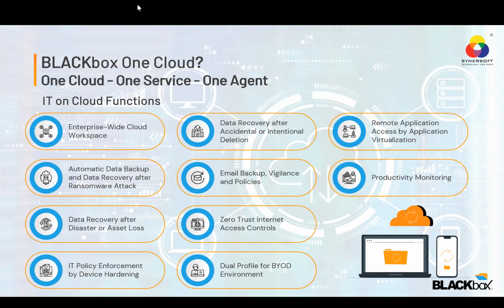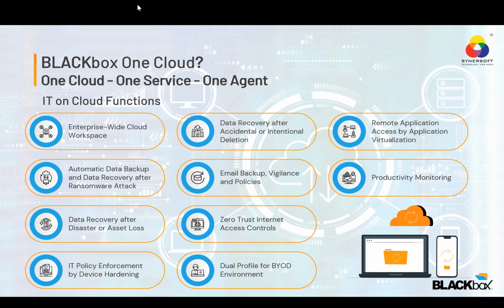And one cloud storage means you have only one cloud. That 32 terabytes, you can use it for your files, for your applications, for your emails, for backup of your files, backup of your emails, backup of your applications, whatever way. It is not per user, per year kind of pricing. So you can share files, you can set permissions on the files, and that data can be backed up. Email data can also be backed up.